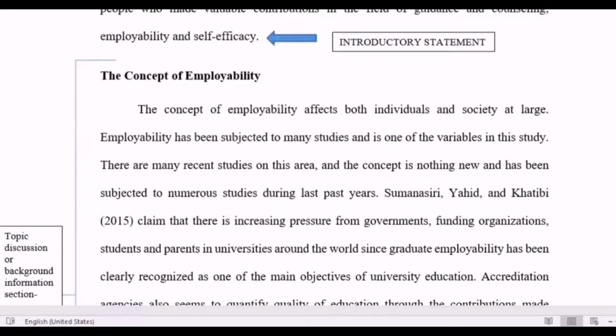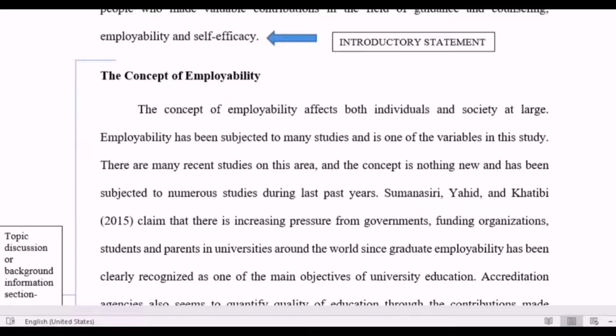For example, in this research entitled Employability Self-Efficacy of Senior High School Students, the researcher defined and discussed employability first because this is one of his major variables.